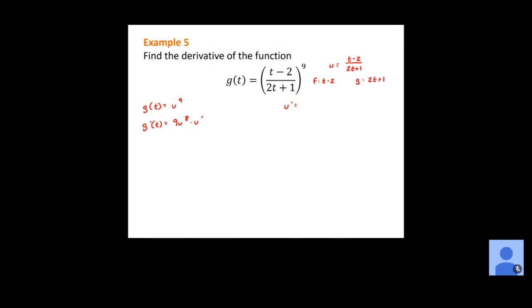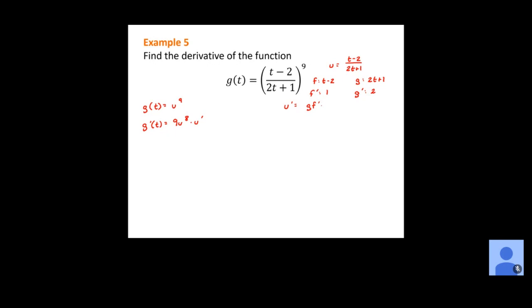It's going to be 2t plus 1. So what is f prime going to be for this one then? Good, just 1. And g prime is going to be 2. Perfect.